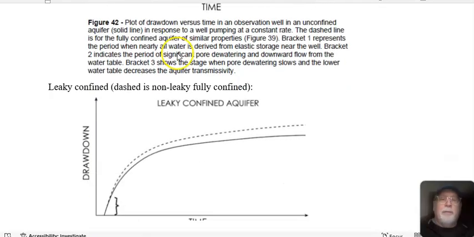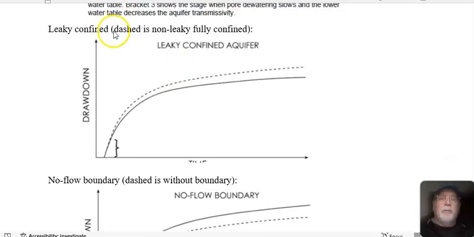These, by the way, are copied from the text. There also, you can adjust for a leaky confined aquifer. Remember, if one of our layers above or below your aquifer actually lets some water through, not a lot, the curve will be dashed without the boundary. If it's leaky, you'll get more flow out without as much drawdown.